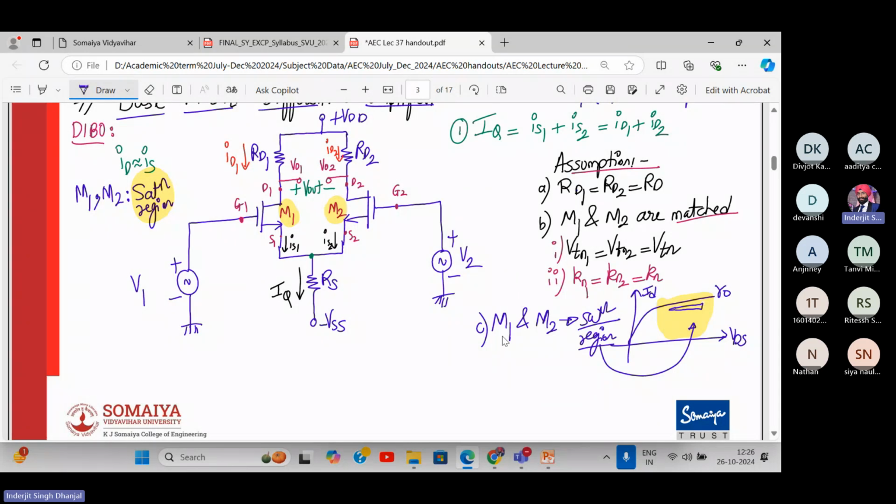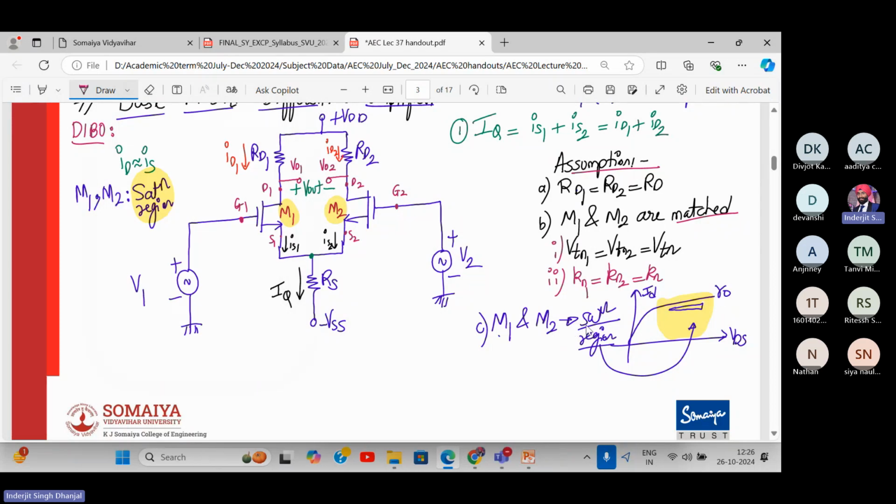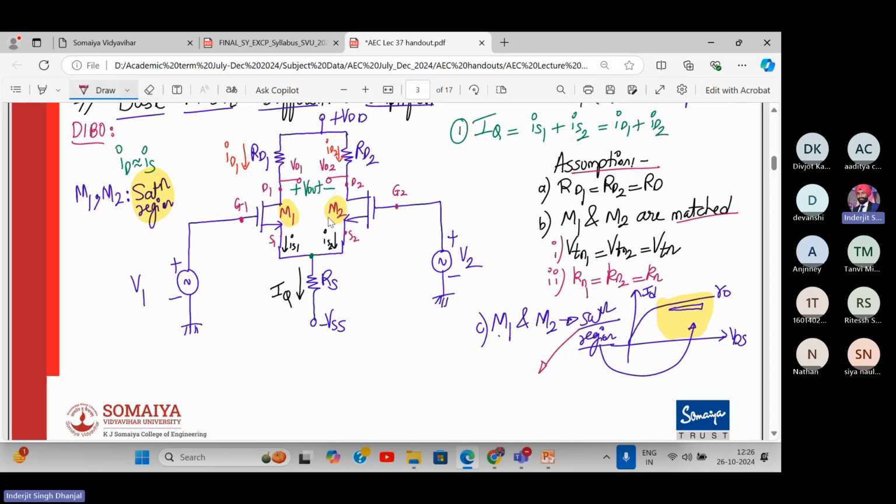In the saturation region, both M1 and M2, which are NMOS transistors, are delivering almost constant current, in response to VDS voltage.